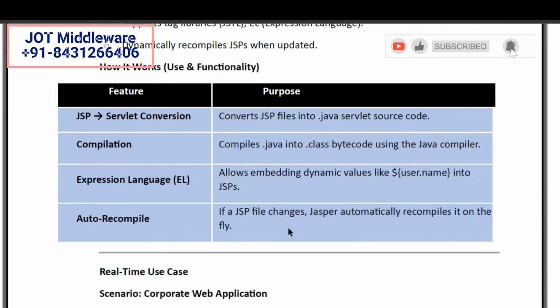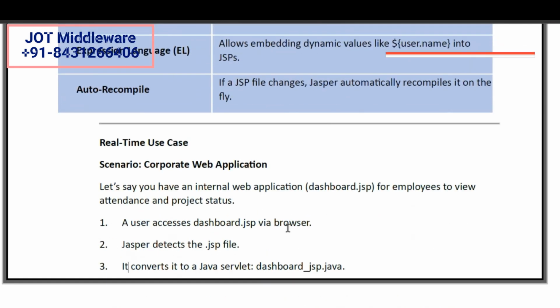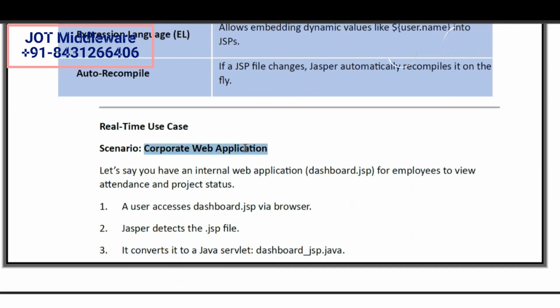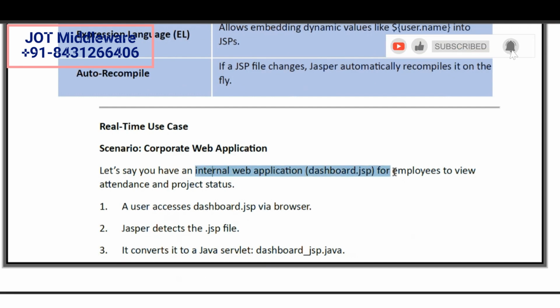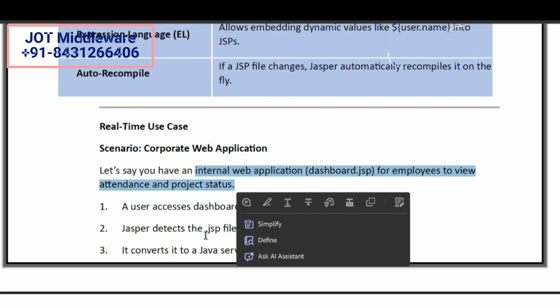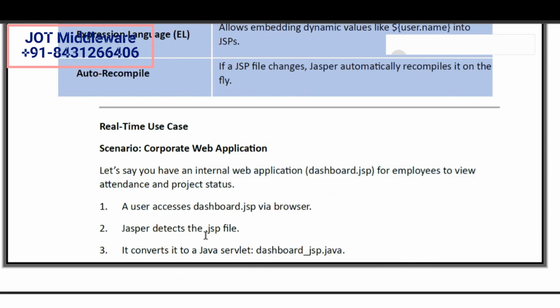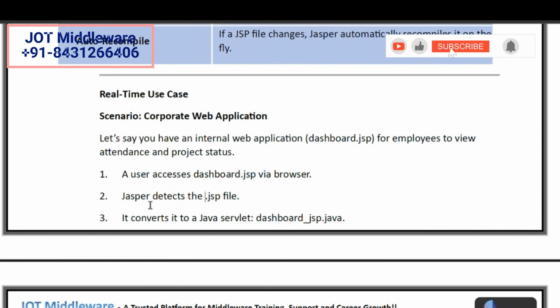For a real-time use case, let us take a scenario like a corporate web application, an internal web application like a dashboard.jsp for employees to view their attendance and project details. It is a personal dashboard used in the company.